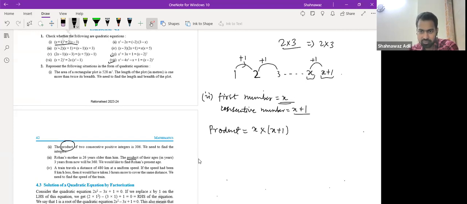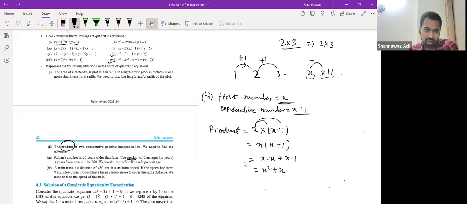That would be x into x plus x into 1, so x square plus x.